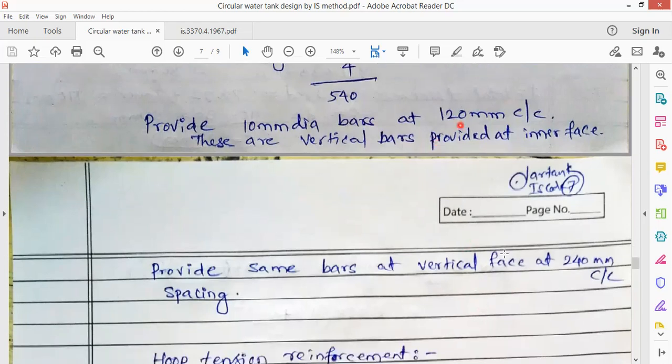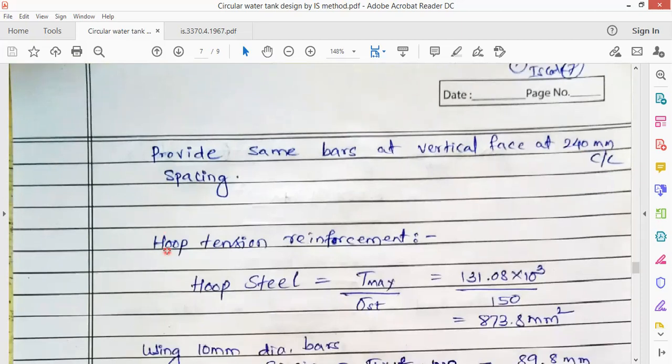Now as I am providing these at the outer face, alternate bars can be curtailed. So the spacing is double, 120 mm is there actually. When I am curtailing the bars, alternate bars are being extended or alternate bars are cut, then spacing will be 240 mm center to center.